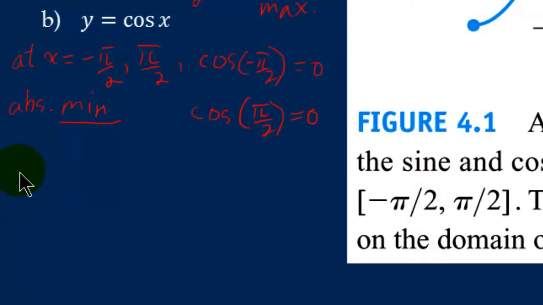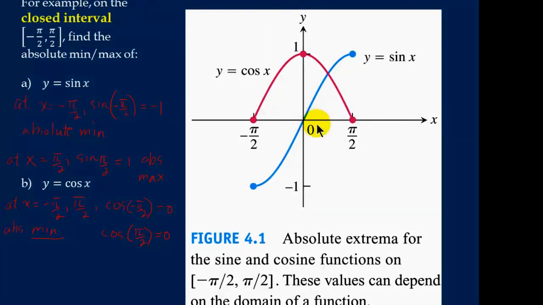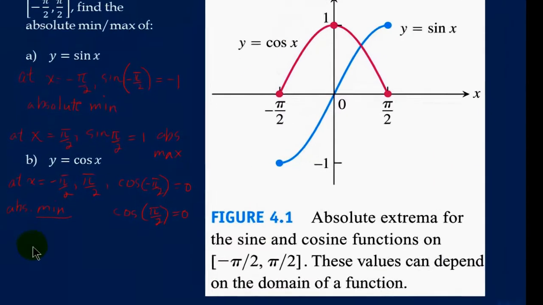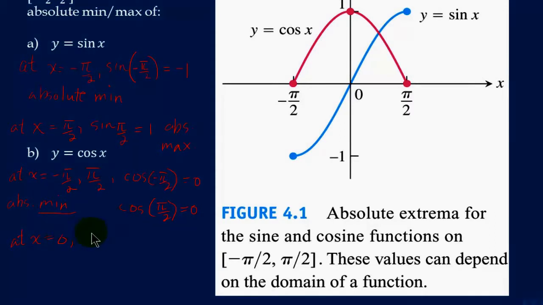Now what about the maximum value of the cosine function? Well, the maximum occurs when the angle of cosine is 0, because cosine of 0 is equal to 1. So at x equal to 0, cosine of 0 is 1, so that becomes the absolute maximum of y equal to cosine of x on the interval from minus pi over 2 to pi over 2.